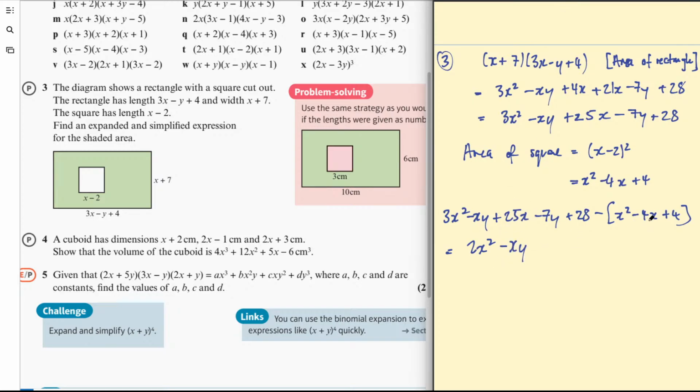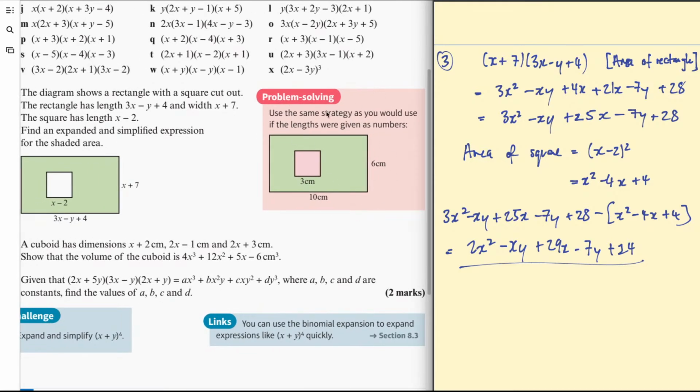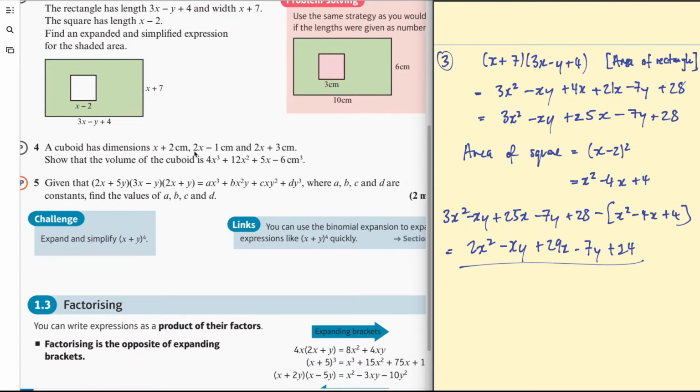So 25 plus 4 is positive 29x, and then negative 7y, and 28 take 4 is positive 24. Okay, that would be my final answer there. Okay, so there's a little tip. Use the same strategy if the lengths were given as numbers.